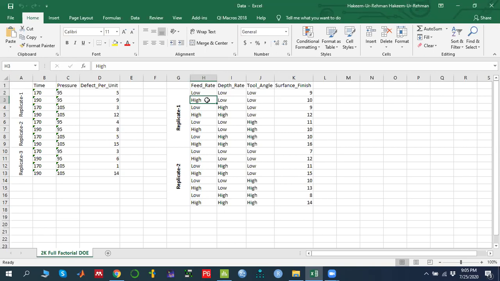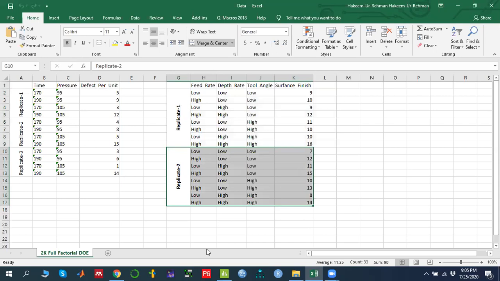For example, if I say the tool angle is 2 and the higher value is 3, then even though I am giving a numeric number, that number would be considered as text. So we want to analyze this, and we want to repeat this experiment 2 times.